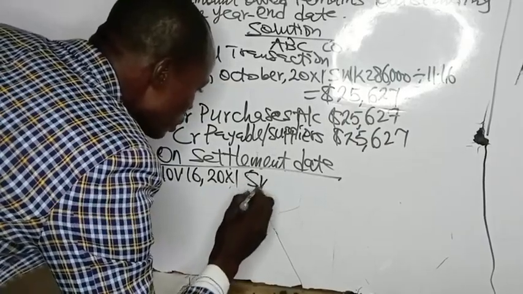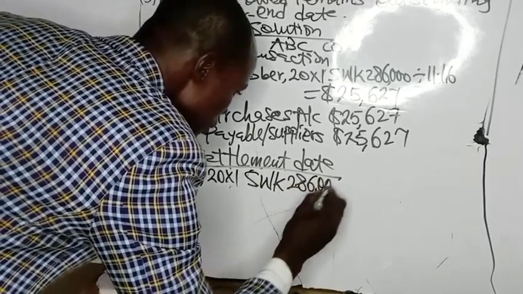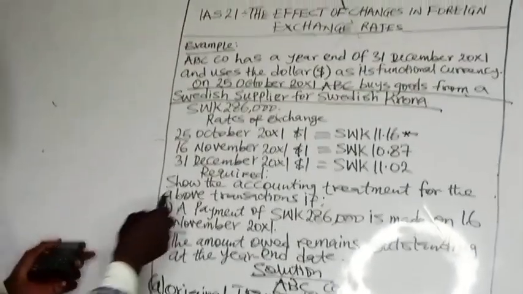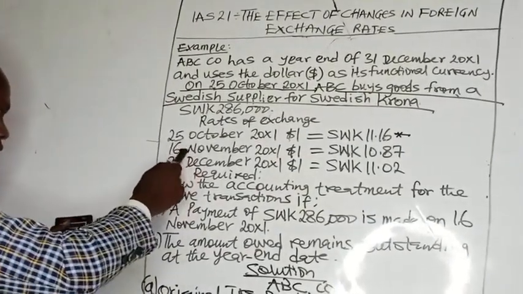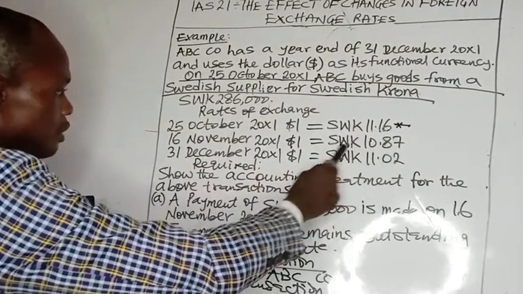So you want to settle 286,000 kronas. What is the spot rate at the date of settlement? The date of settlement, the spot rate is 10.87.